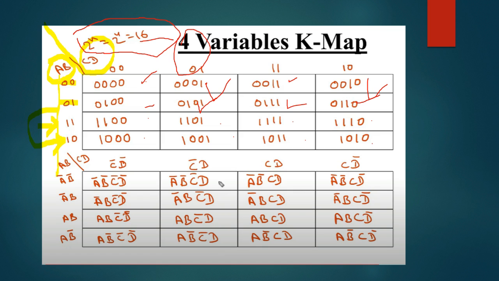Because after 00, 01, 10 should come in terms of binary. That's why I have kept this place vacant. Once I have written this 10 here, the next task is to fill up this vacant space in between 01 and 10. So I'm referring to this place. Now I have written 11 in this place.